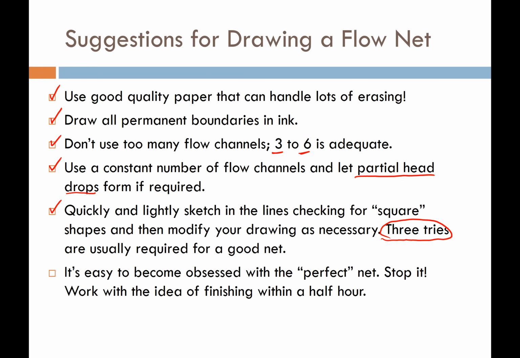If you're going back and erasing and re-erasing stuff more than 3 or 4, 5, 6 times, you're probably being a perfectionist, and I don't think that extra perfection is going to give you a better answer when you start using the flow net for calculations.